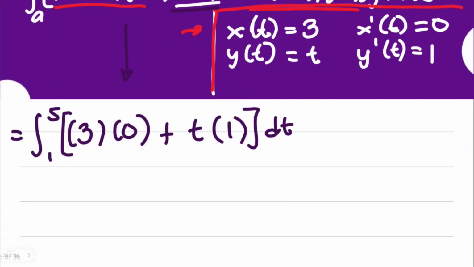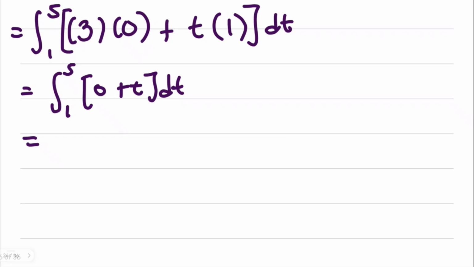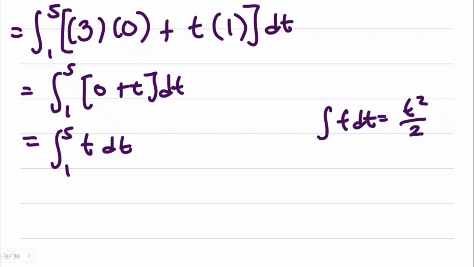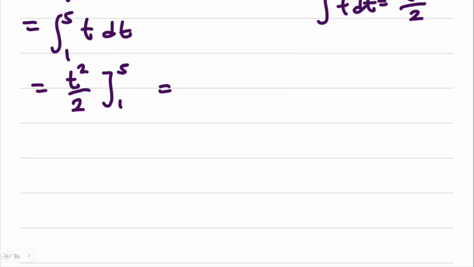This dt, so you have here 1 to 5. Of course, that's 0 plus t dt, or the integral of t dt from 1 to 5. We know that the integral of t dt is t squared over 2, from 1 to 5, which gives us the value of 5 squared over 2 minus 1 squared over 2.